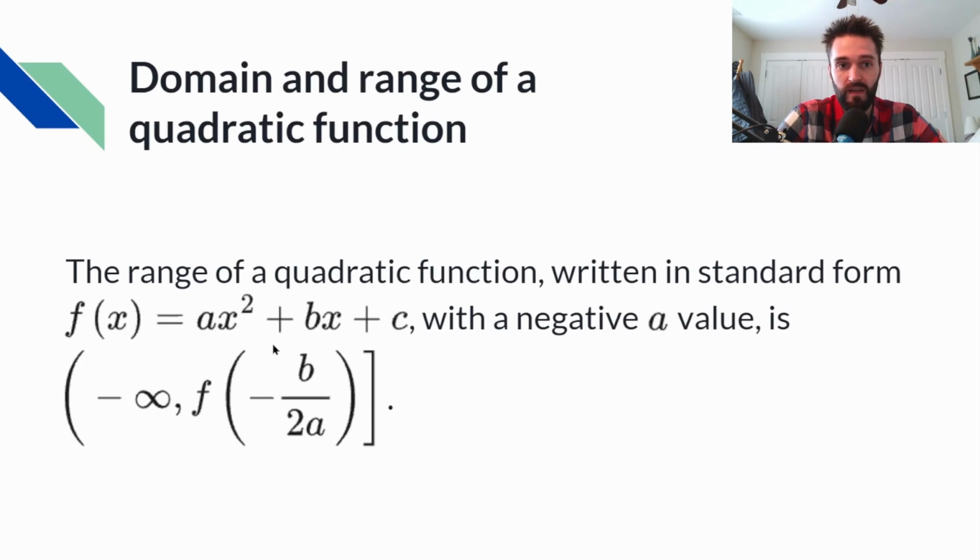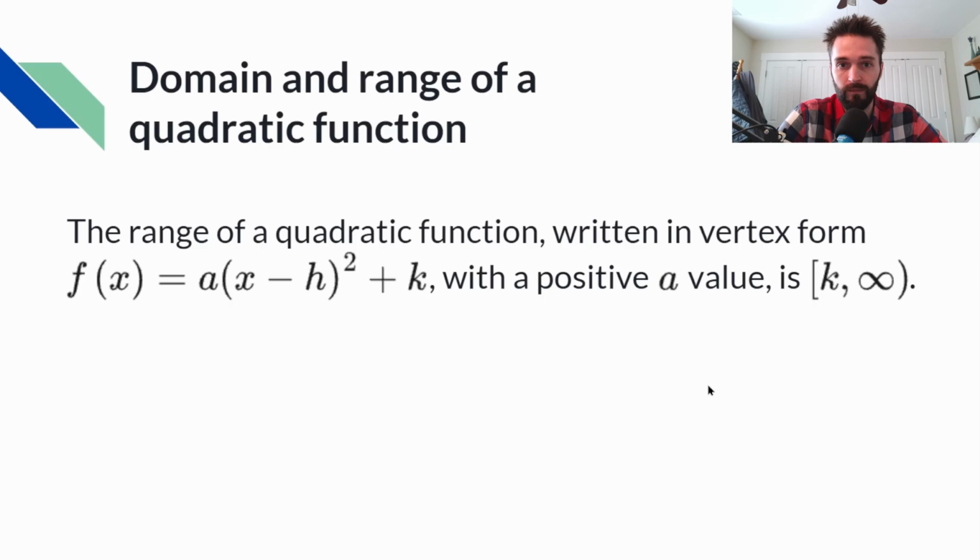So if the quadratic function is in standard form, we have to do a little bit of computation to find this value. We have to find out what minus b over 2a is and plug it into f to get that value. But if the function is in vertex form, like this, and we have a positive a value, we know what the coordinates of the vertex are. It's h comma k.